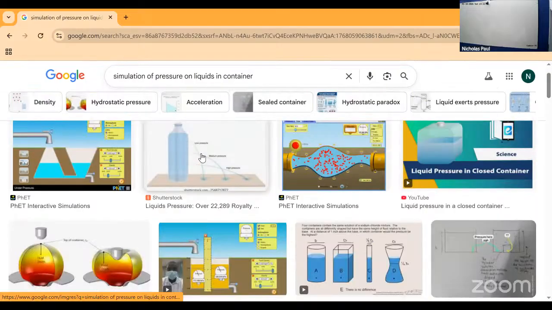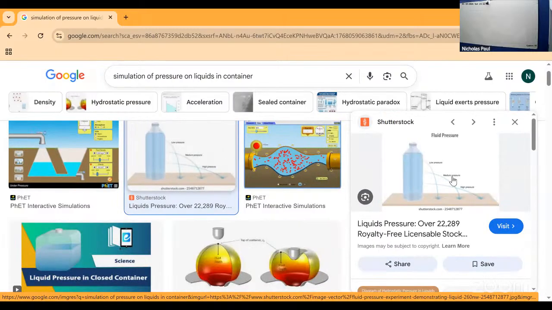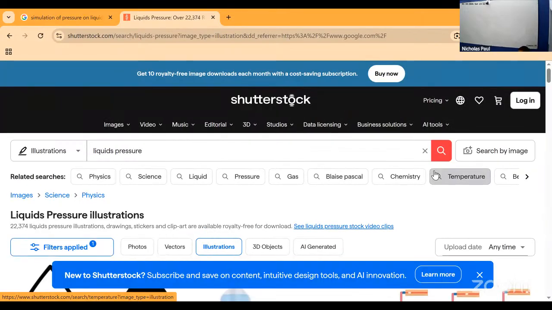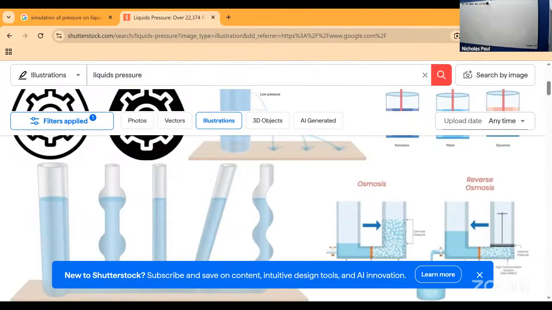Alright, and I've seen it, right? Look at this diagram here. Right, so remember we were talking about the pool, right? So if you jump in a pool, where would you feel it? Where would you feel the pressure the greatest? At the top or at the bottom of the pool? Bottom, right? So if you look here, there's an example here.